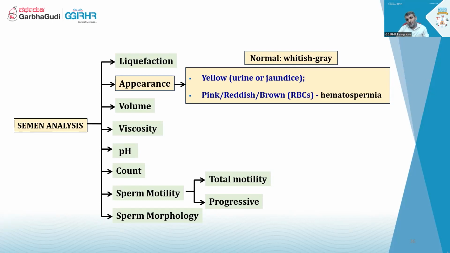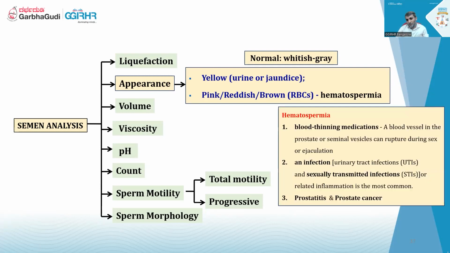If it is pink, reddish or brown color, it can be hematospermia. It is very important to take the history: if he is on any blood thinning medications, or has any urinary tract infections, sexually transmitted diseases, prostatitis or prostatic cancer, all of these can cause hematospermia. Hematospermia is nothing but seeing blood in the semen sample.